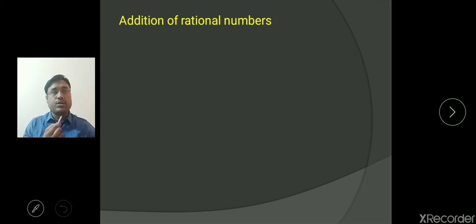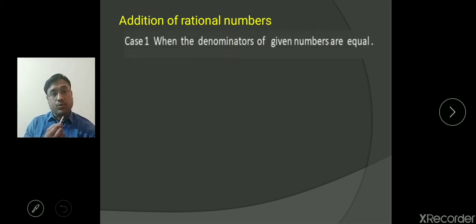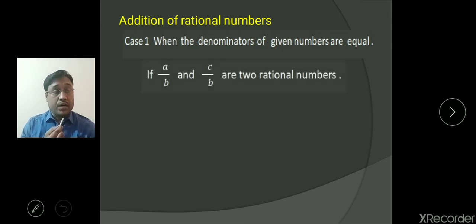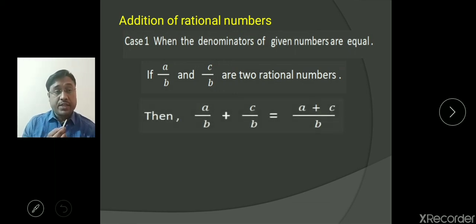Next, addition of rational numbers when they have equal denominators. Case 1 is when the denominators of the given numbers are equal. If a by b and c by b are two rational numbers, here you can see their denominator is the same.